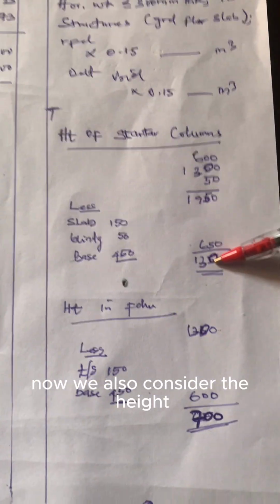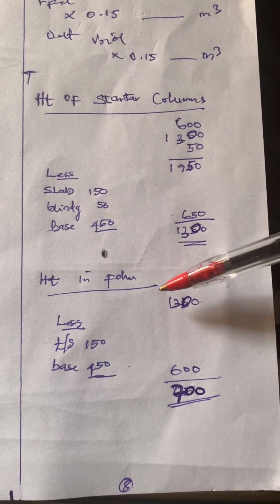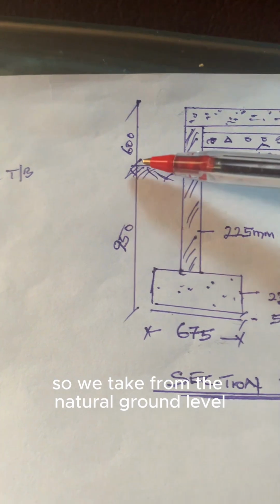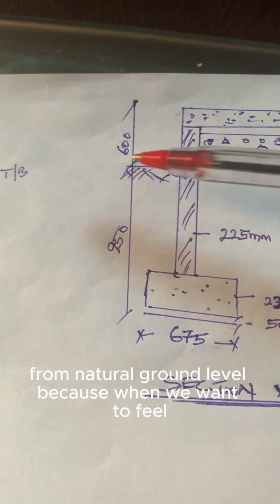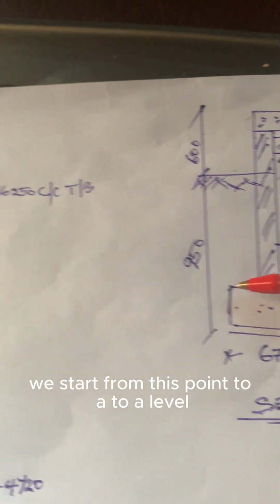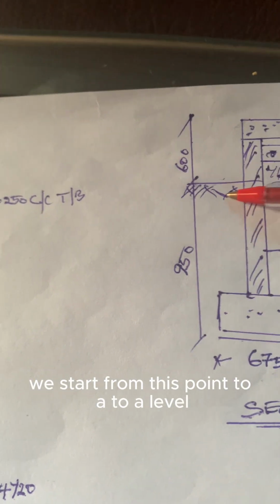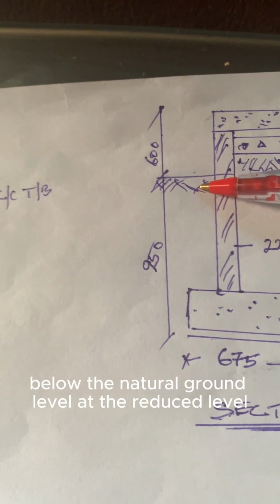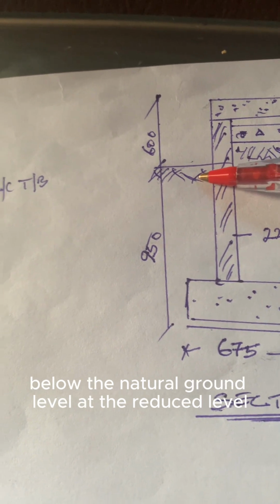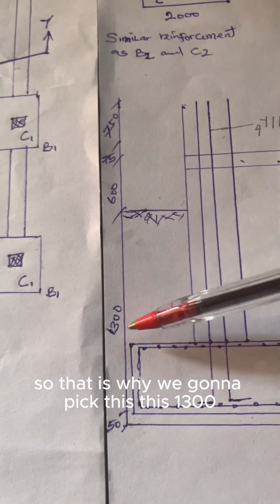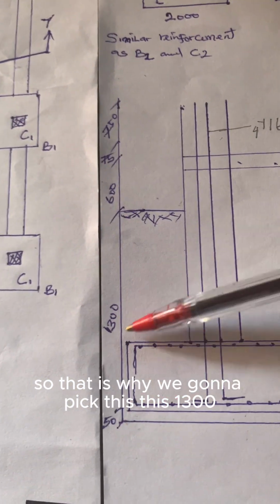Now we also consider the height of our column in foundation. We take from the natural ground level, because when we want to do backfilling, it will start from this point to a point at this level that is below the natural ground level, at the reduced level. That is why we pick this 1300.